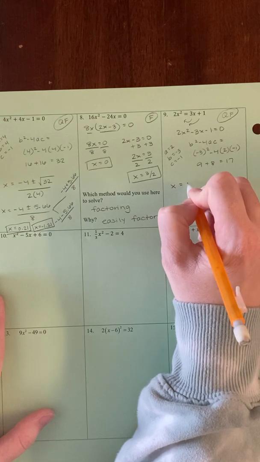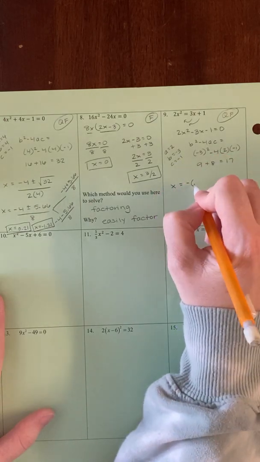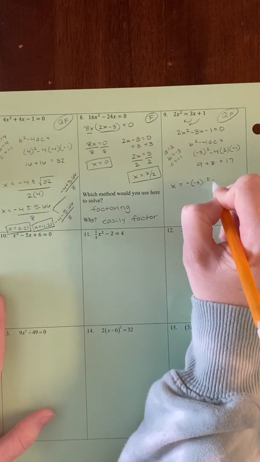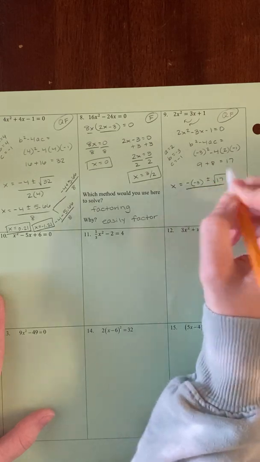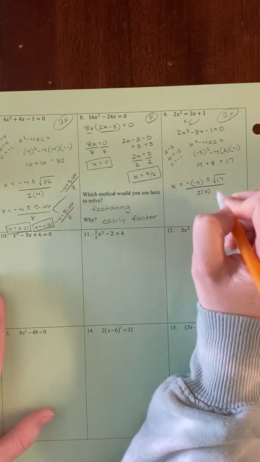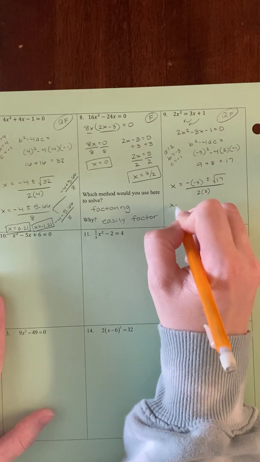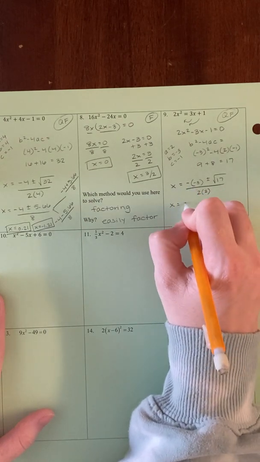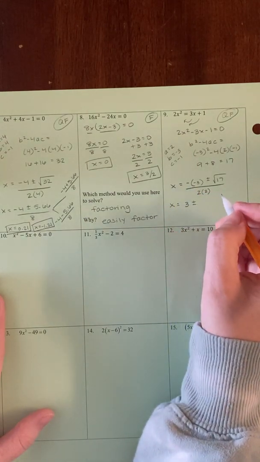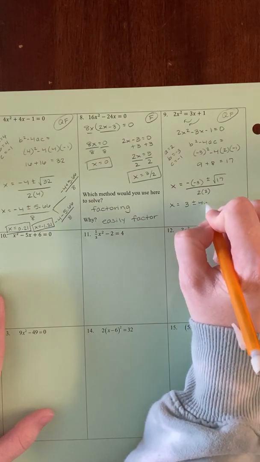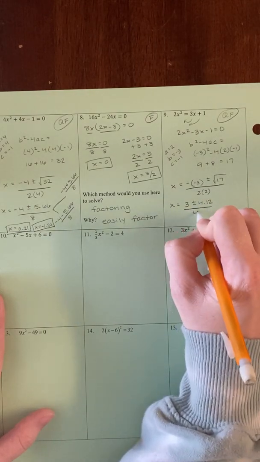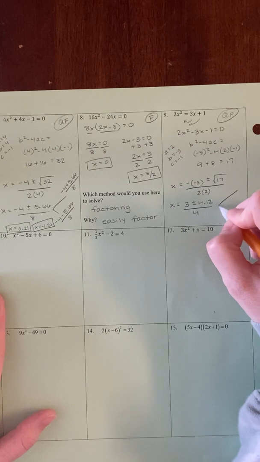So I have x equals negative b, and b is negative 3, plus or minus the square root of 17 all over 2 times a, which is 2. So I really have, that's a positive 3 now. Plus or minus the square root of 17, which is 4.12, all over 4. Not just going to stop there.